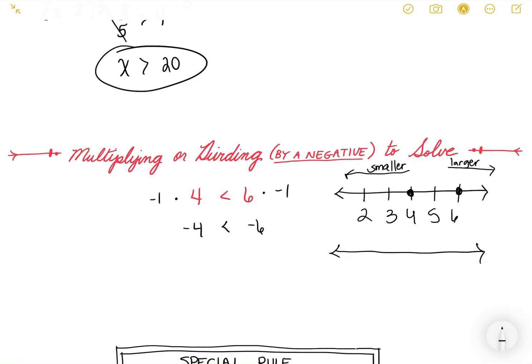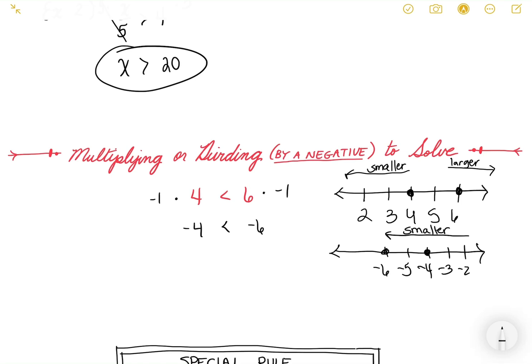Because what do we know about negatives? As we get farther into the negatives, the number gets smaller. So negative 4 is actually greater than negative 6.